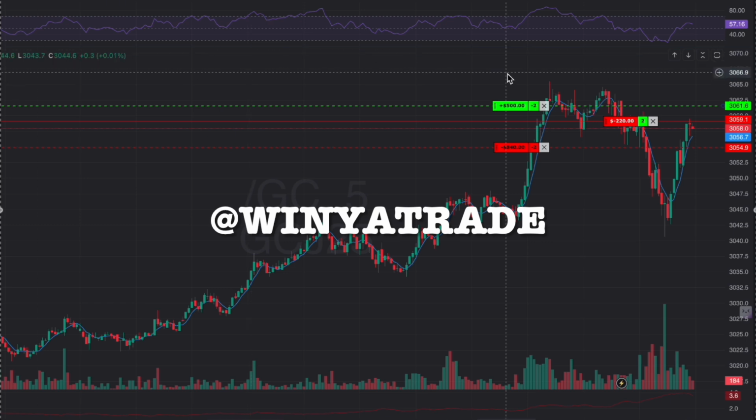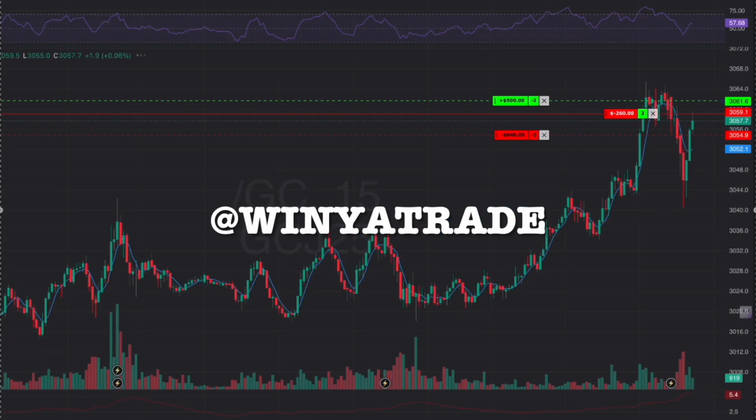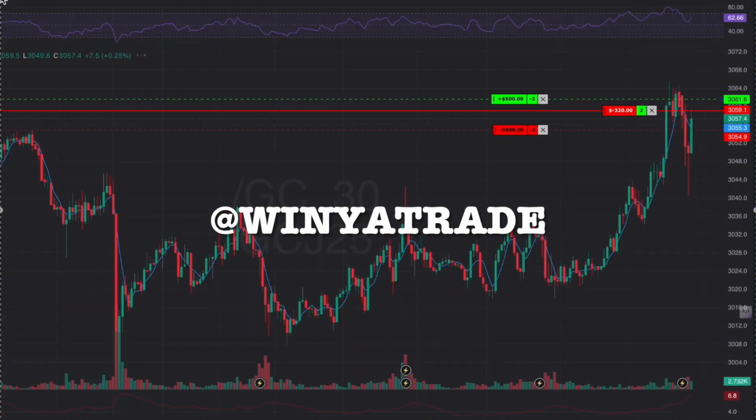On the 5-minute chart, the RSI is 57, still a bullish bias. 50-minute chart, 57, bullish bias. 30-minute chart, 62, bullish bias, not yet overbought.